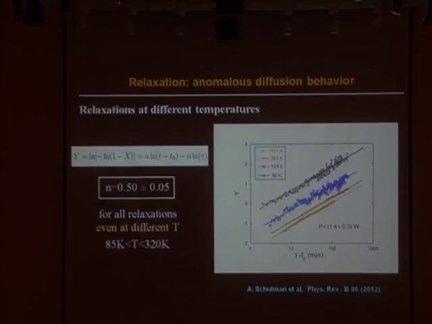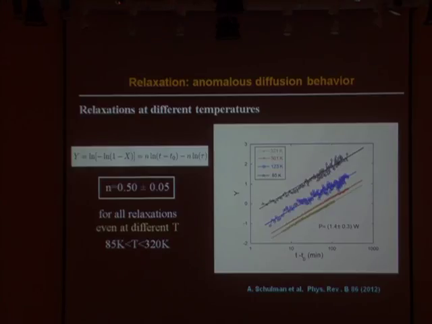So we have performed these resistance relaxation studies at different temperatures for many hours, and you observe that we obtain this linear dependence of y on the logarithm of the time. So that is a good description of our experimental data. What is very interesting is that we obtain the same n exponent for all the temperatures.